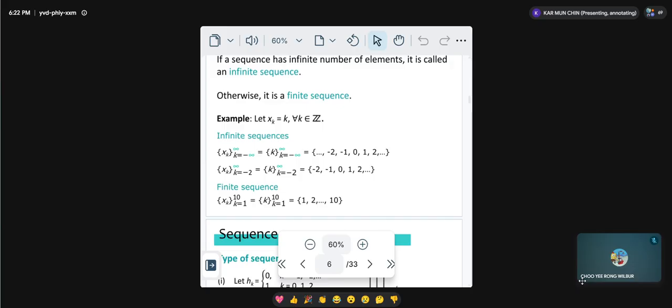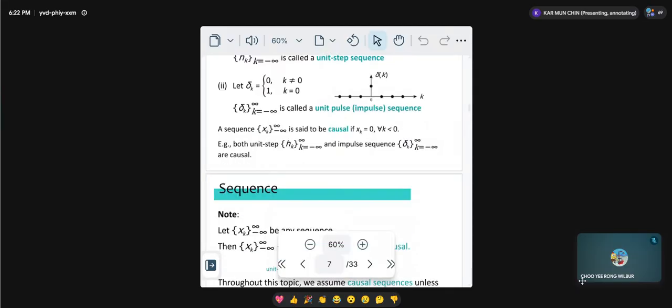We start from -2 and count until infinity, or we start from 1 and count to 10. The k represents the index. Okay, understood.